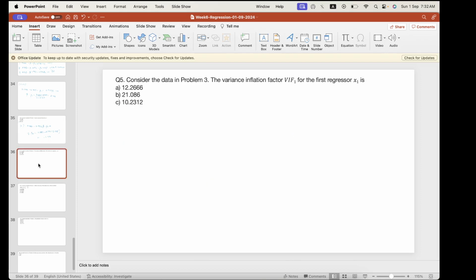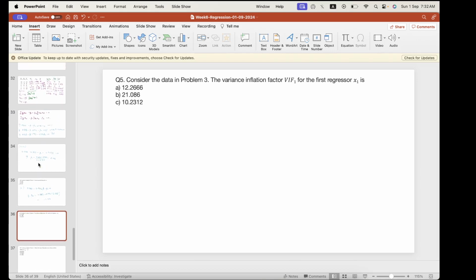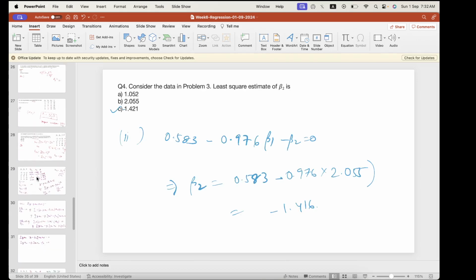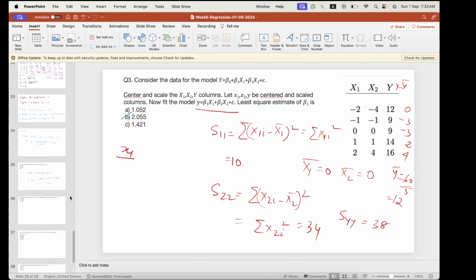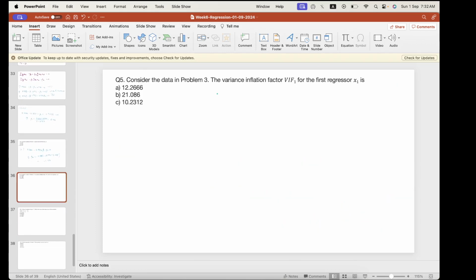this is 5. So consider the data in problem 3. This is the data in problem 3, this thing. Now they are asking us to find out the variance inflation factor for the first regressor x1.